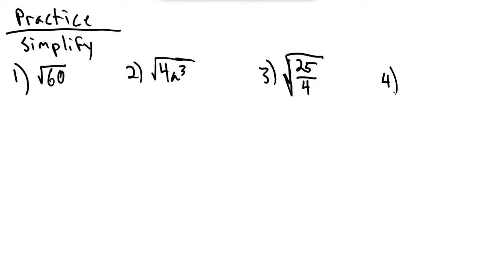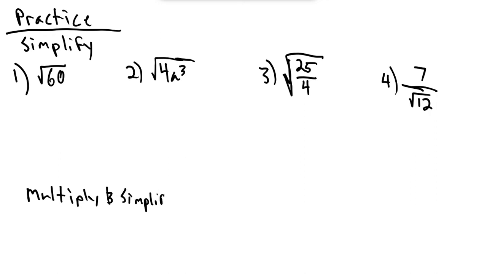And 7 over square root 12. Then I want you to multiply and simplify: 3 square root 7 times 4 square root 14. So go ahead and do these. Make sure you're pausing, working them through, and I'll meet back with you guys to explain them in just a second.